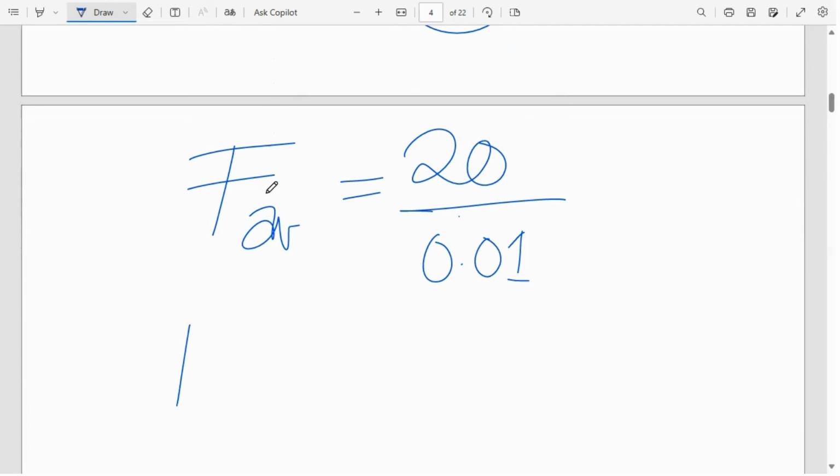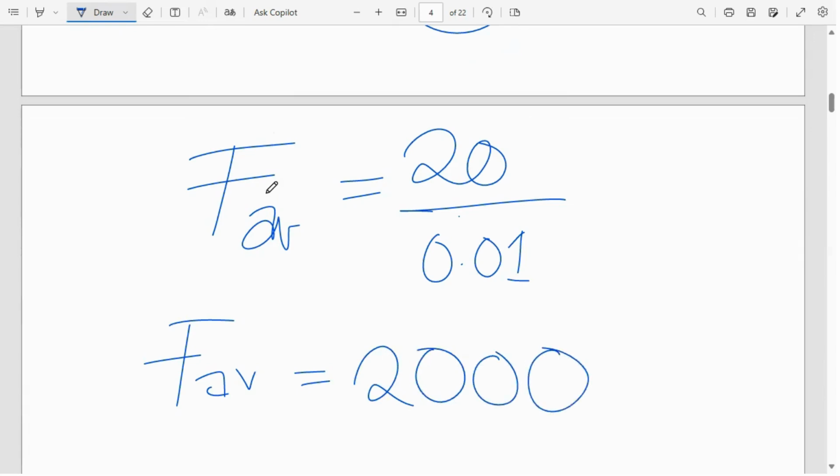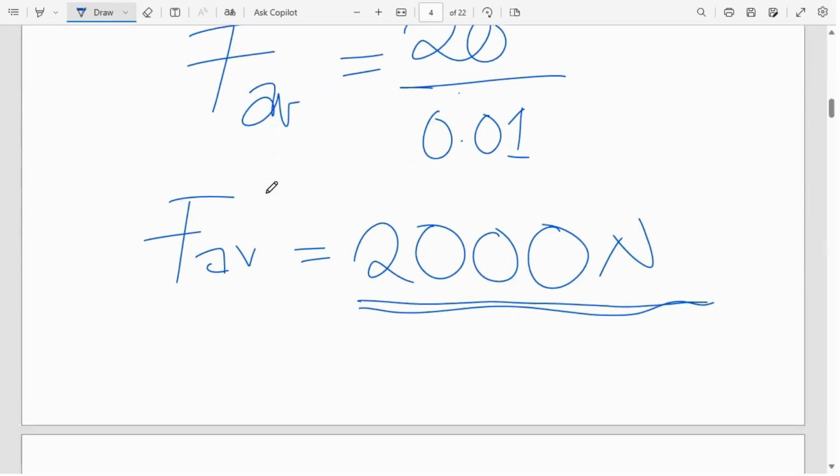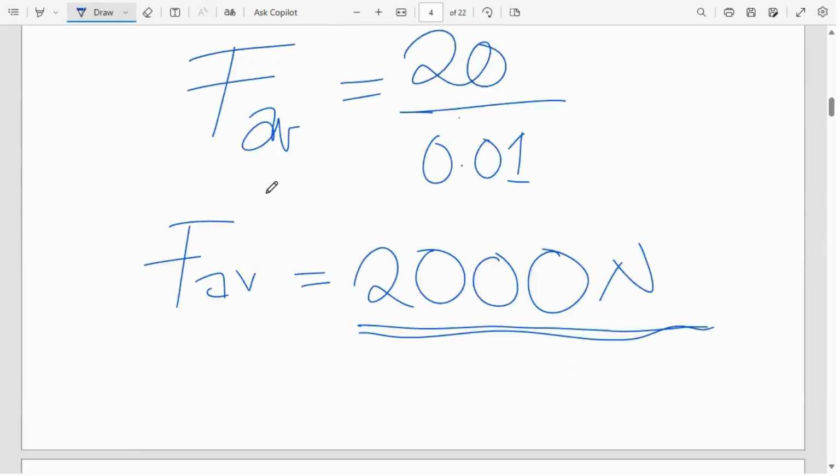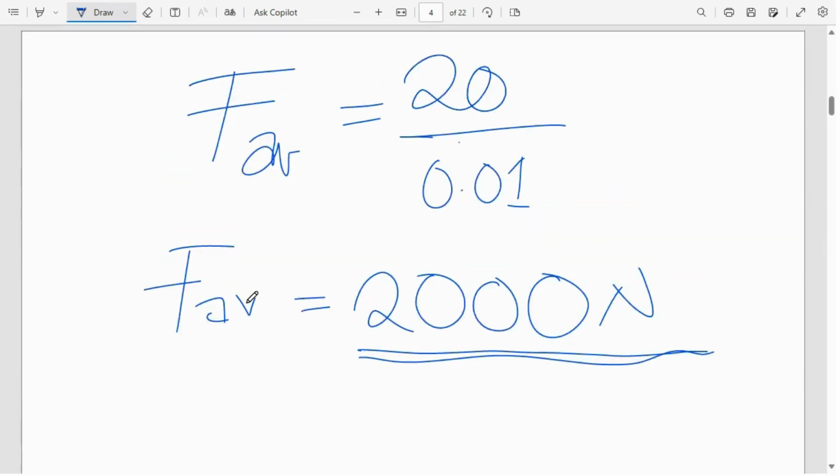And our final average force will be equal to 2,000 newtons. Remember, this is a force, so it will exist as a newton force. Okay, so that was question 1. It only had parts A and B, and that's all.